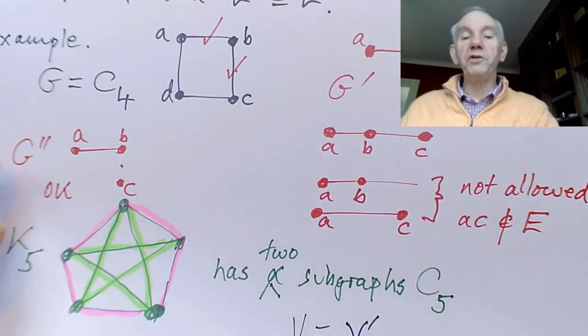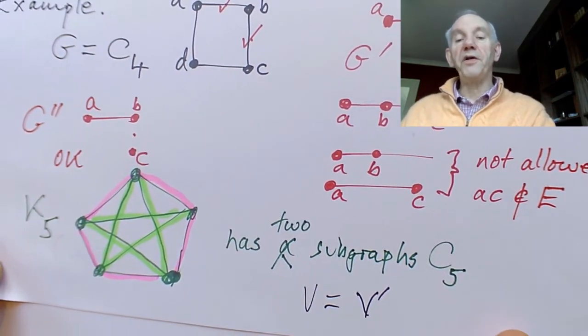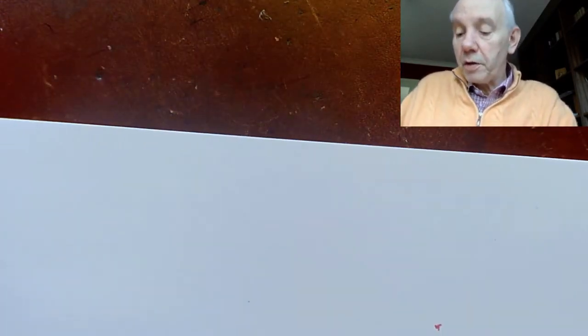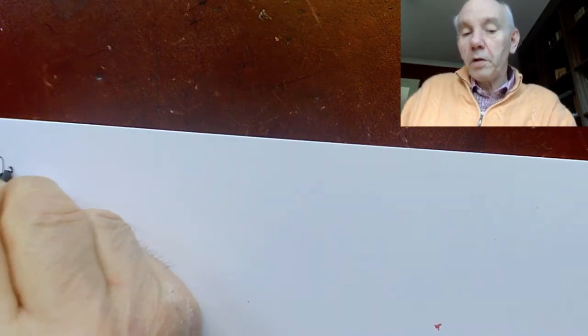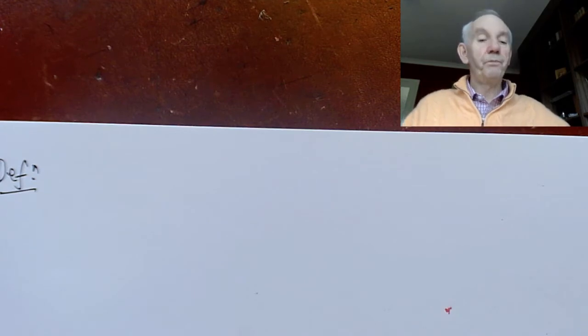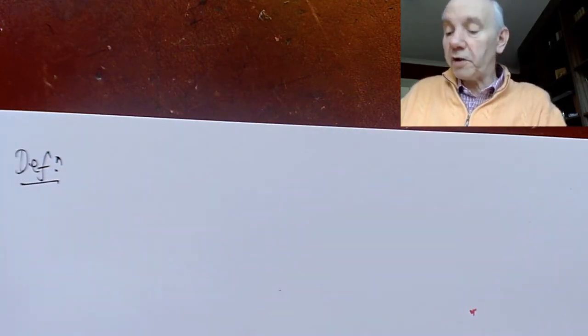Now I want to come to a new definition, that of when 2 graphs are what's said to be homeomorphic. So let me go straight to that definition. I'm going to consider 2 graphs, let's call them G1 and G2.